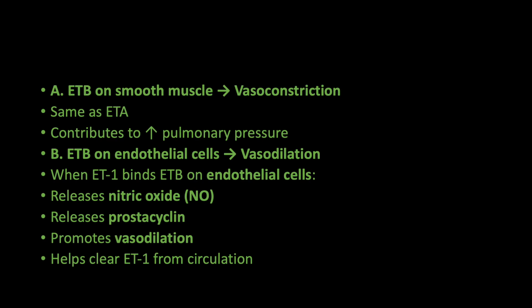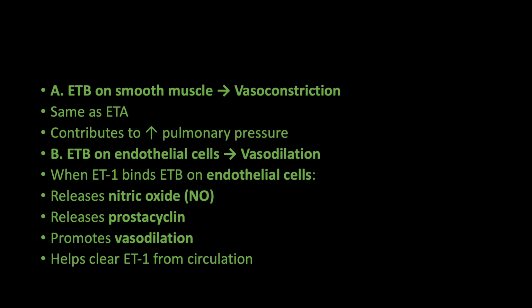So as I explained, ETB on smooth muscle leads to vasoconstriction. It's the same as ETA, contributes to increased pulmonary pressure. And then ETB on the endothelial cells causes vasodilation. So I explained the two locations here, on the smooth muscle and the endothelial cells.